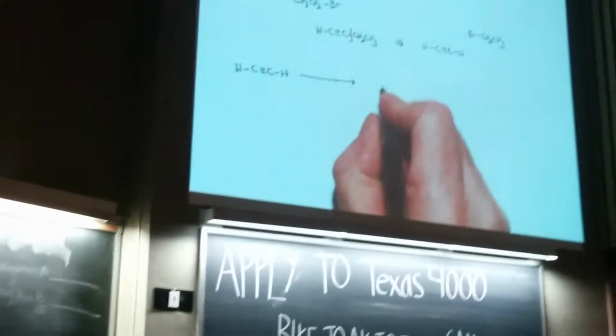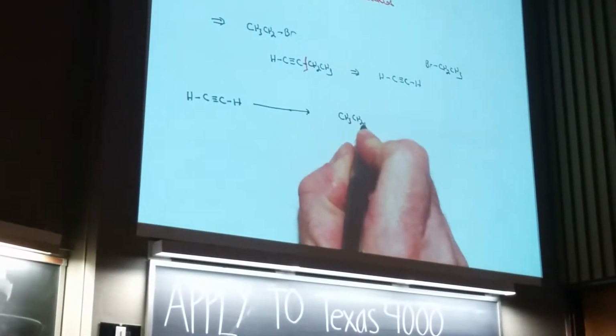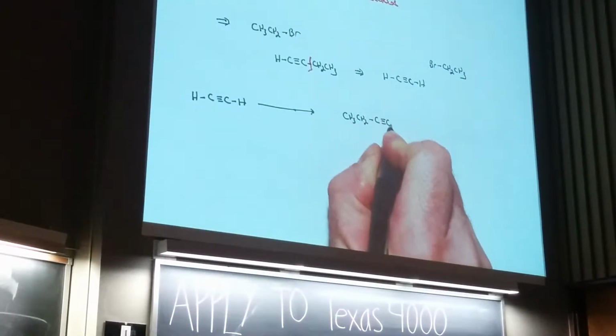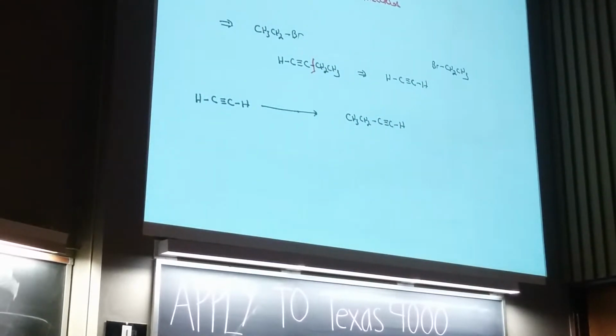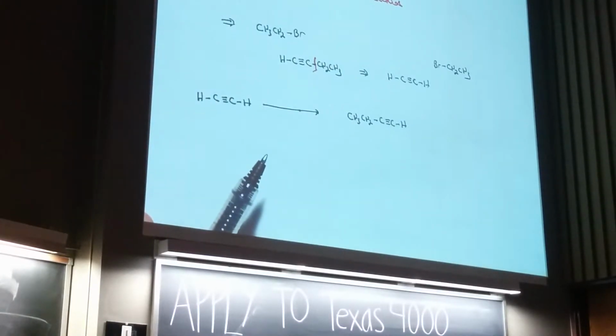So what do we need to do to get from this to, let me write it this way, what reaction conditions will allow us to alkylate a terminal alkyne? What's the base that we typically use to deprotonate a terminal alkyne?